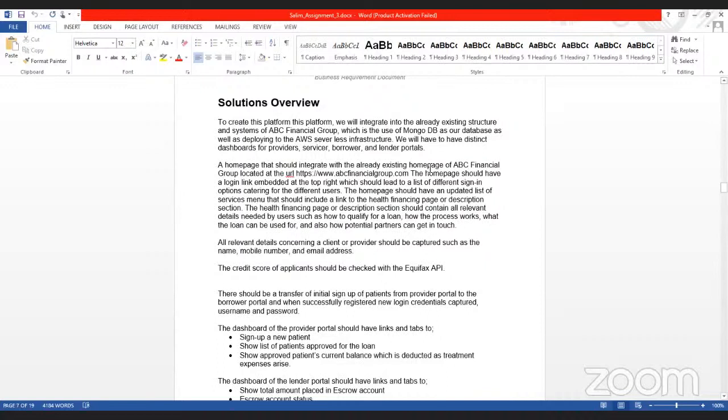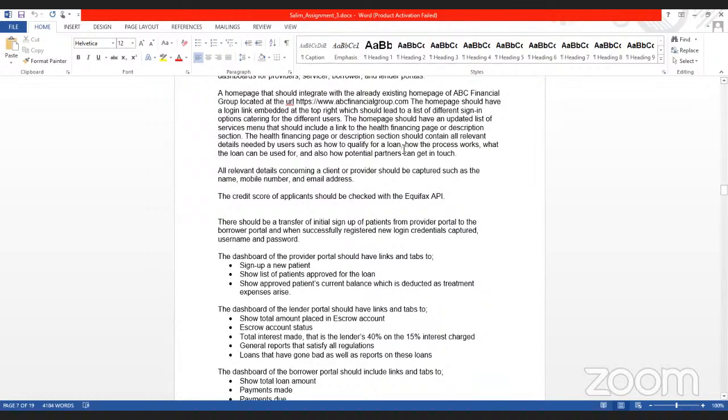So we'll be integrating to their homepage and would be adding the new services to the services menu, which I assume already exists in their homepage. And so that services menu should take a link to the new health financing page, and then it will give a description of the services and also other information that people who click and are interested in that information would need.